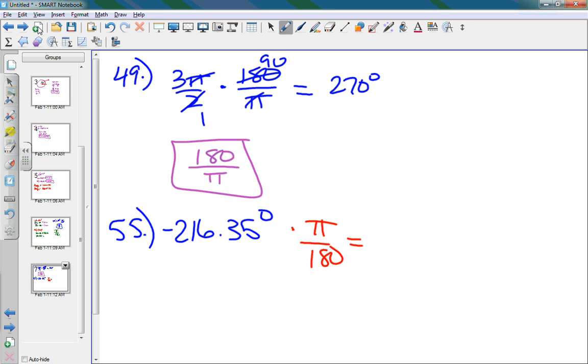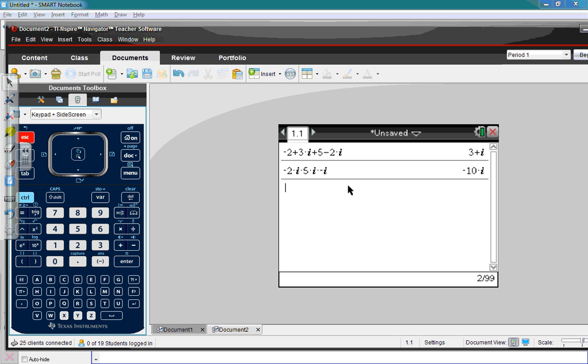Can you see that? So if I take 216.35 and multiply it by pi divided by 180, what do I get? 3.776. It wants that decimal because it's looking for a length. Do we understand that? Are we good?